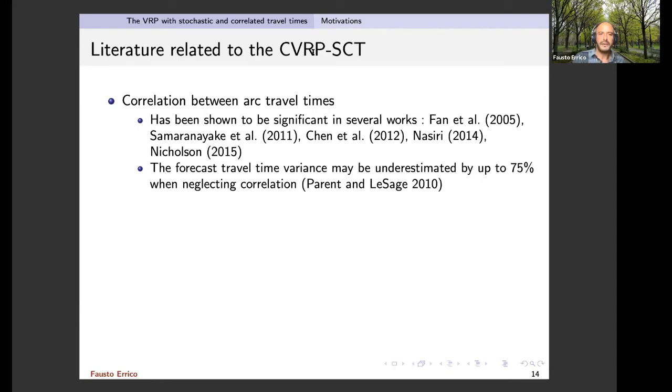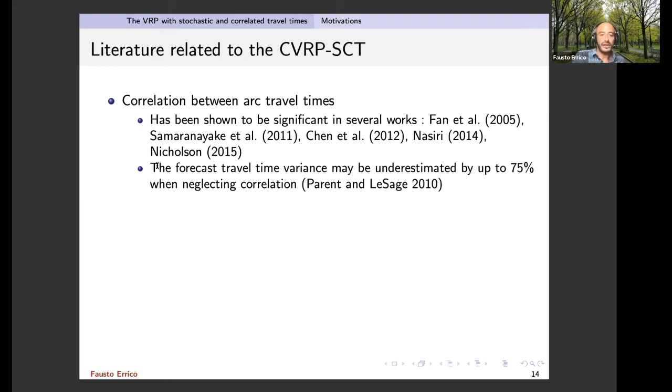Now, in practice, from a descriptive point of view, it has been shown that correlations are very important in several city networks, and there is some literature studying these kinds of things.